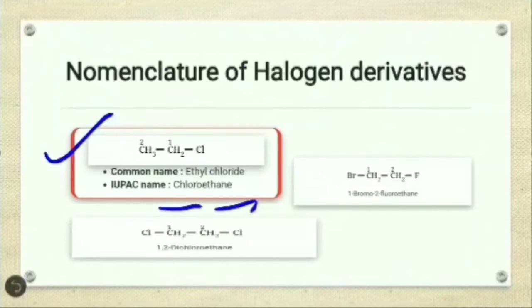First, the numbering will be given to the parent chain, that is 1, 2. Over here there are 2 carbon atoms, therefore it is ethane, and here the halogen group is chlorine, therefore it is chloroethane.